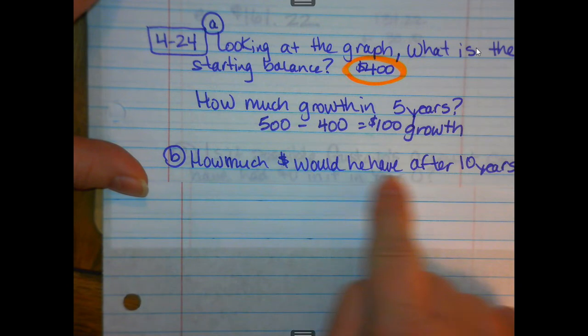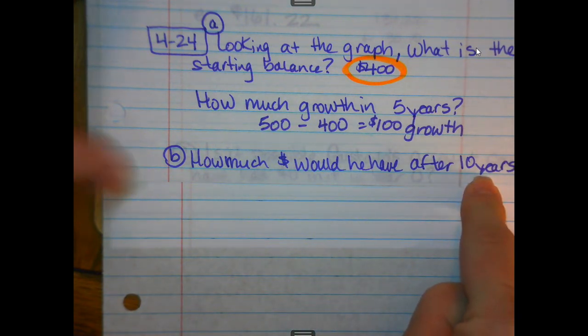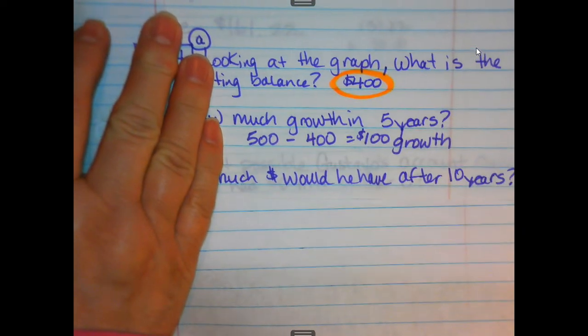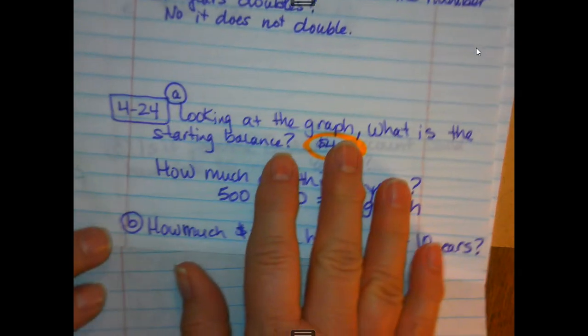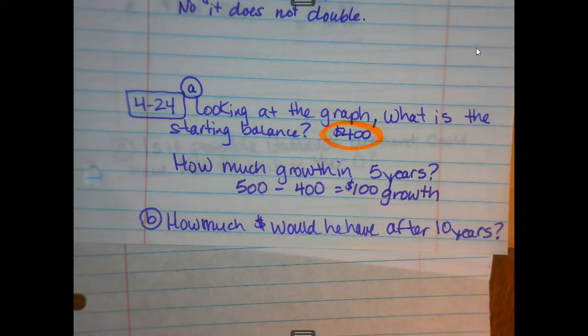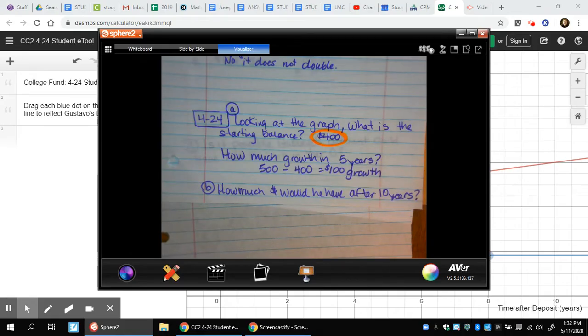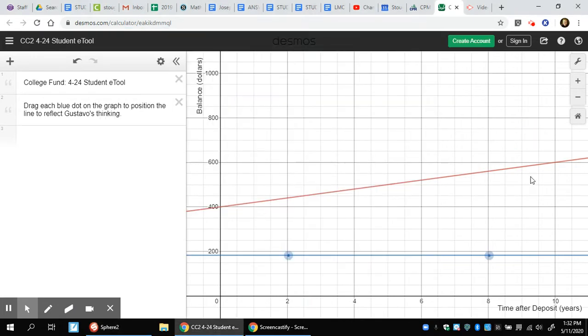How much money would he have after 10 years? Well, we can take a look back at the table and the graph. The table doesn't go to 10 years, but the graph does. So let's see what happens when we look at the graph one more time. On the graph, we go across on the x-axis, and we have 10 years right above the word deposit.